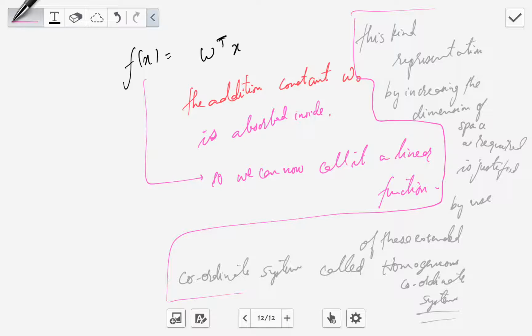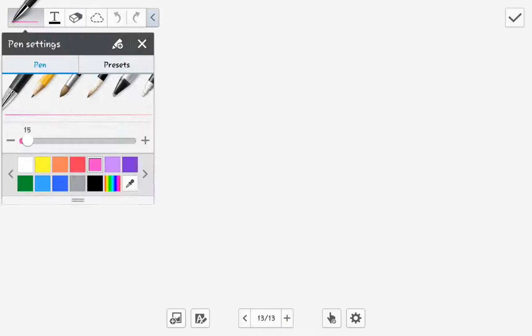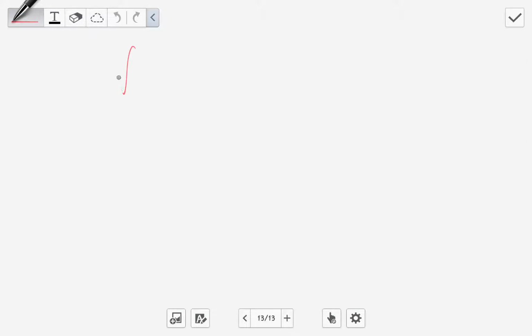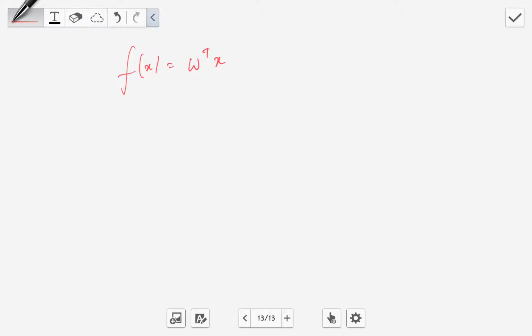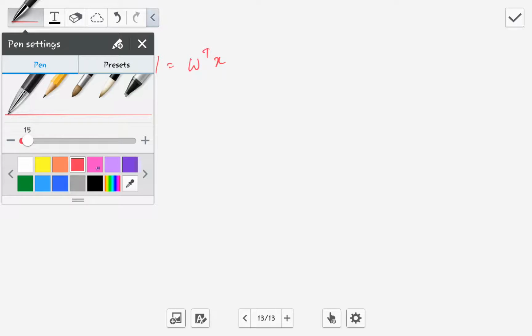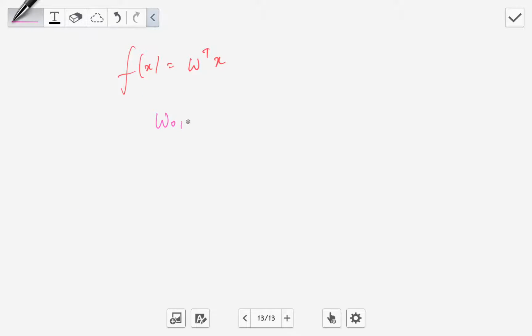So now we want to find what this function f of x is equal to w transpose x. So what do we want to find here? We want to find these constants w0, w1, w2, so on up to wd. Fine.